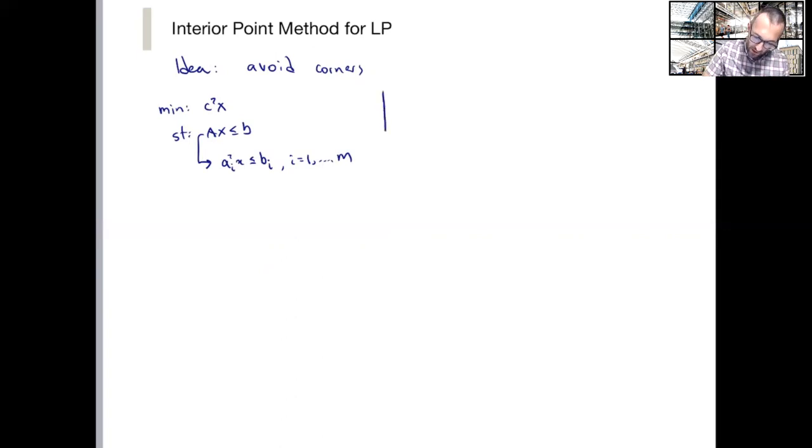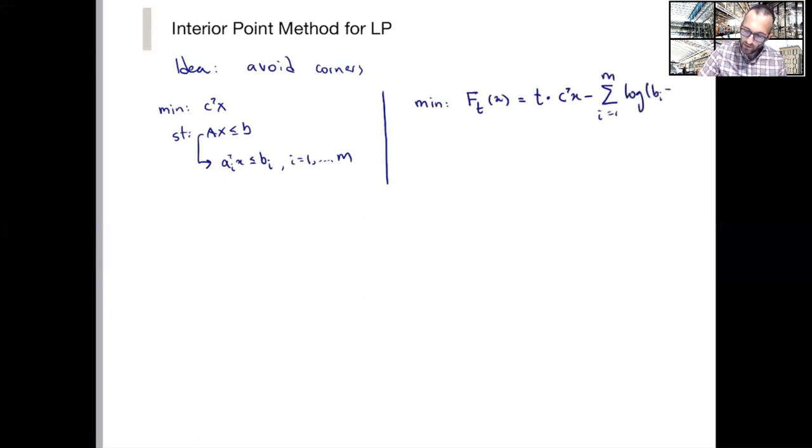Interior point method says, okay, let's transform this problem, and instead let's minimize the function f_t of x, where f_t is equal to t times c transpose x minus the sum from i equals 1 to m of the log of b_i minus a_i transpose x. I don't want you to confuse t with an iteration counter, it's just a multiple.